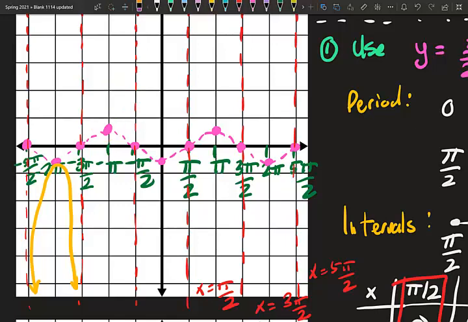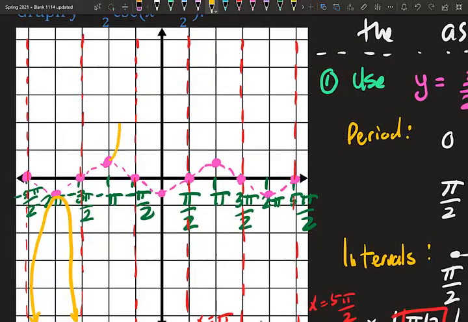Next, you see that dot in between the guidelines? Since it's on the upper half, it's going to be a happy face. Our next dot right here, in between guidelines: only when you're in between guidelines is it a happy face or a sad face. Since it's on the lower half, it's going to be a sad face.